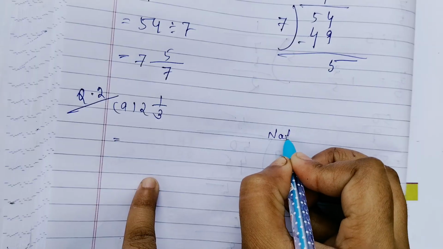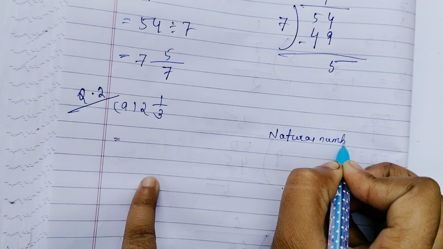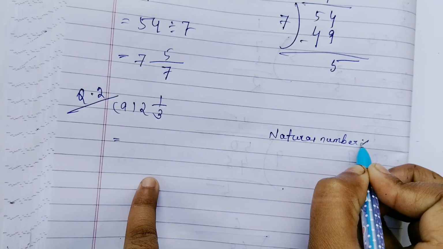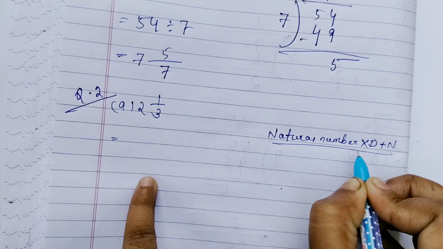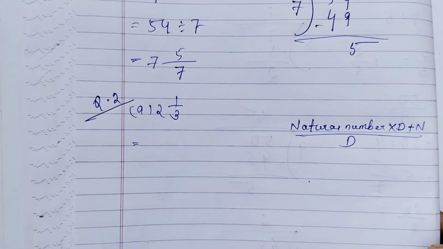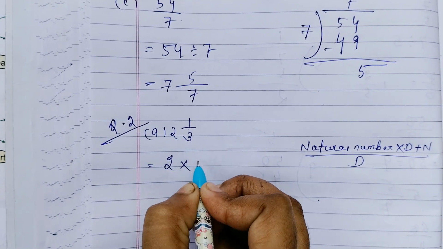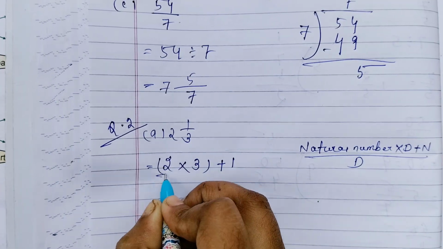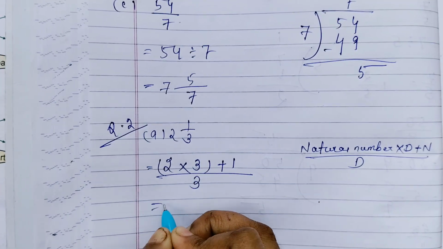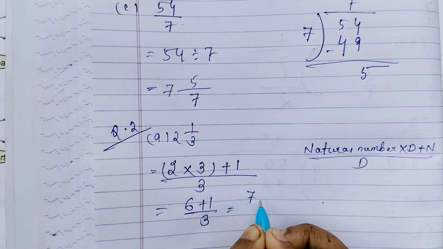Natural number part into denominator plus numerator by denominator. So guys, the natural number part is 2 into denominator 3 plus numerator 1 by denominator 3. 2 3s are 6. 6 plus 1 by 3 equals 7 by 3.